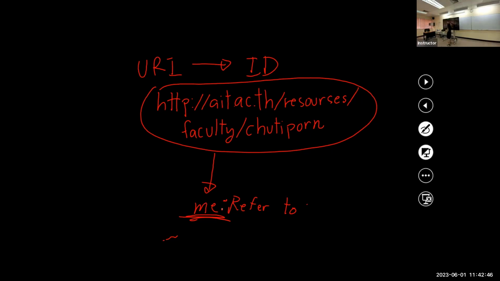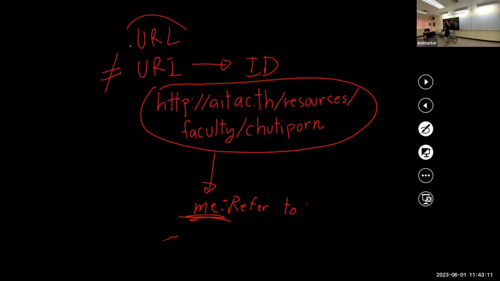So URI doesn't mean that there must exist a website, a web page, a web file, a web resource. No, it's a different thing. A resource on the web is one thing that is referenceable, that is referred to by some URL. So that is why URI is very different from URL.